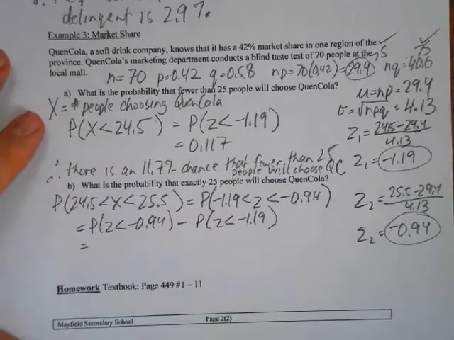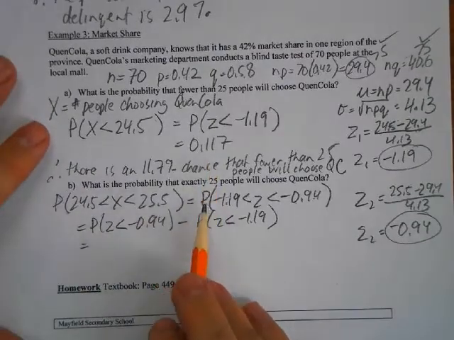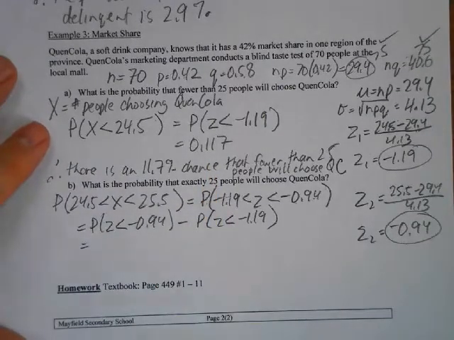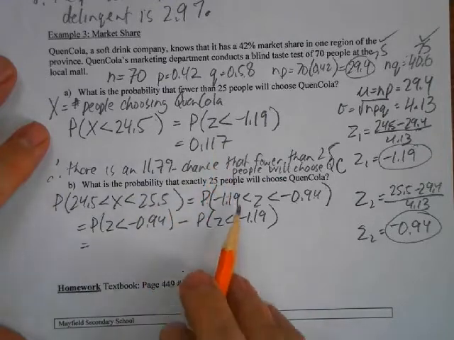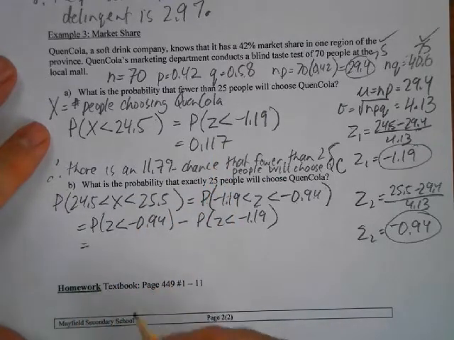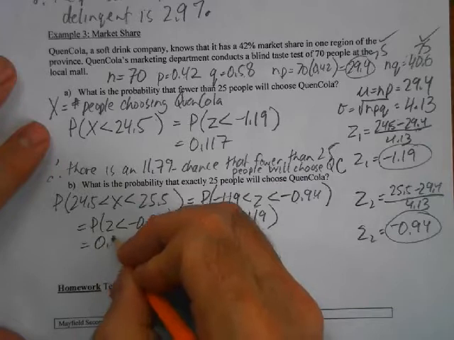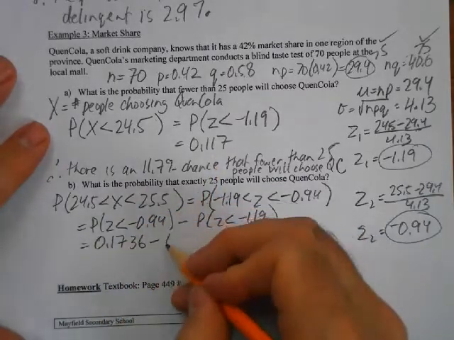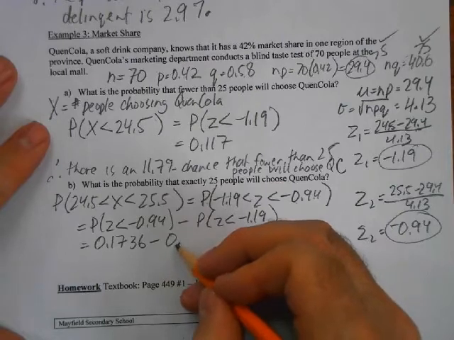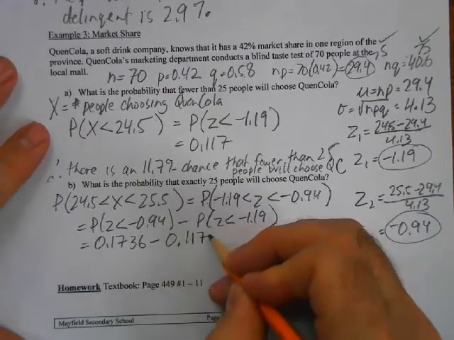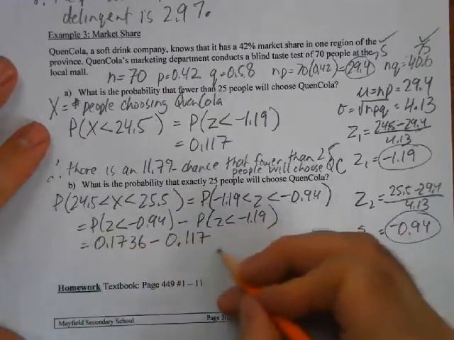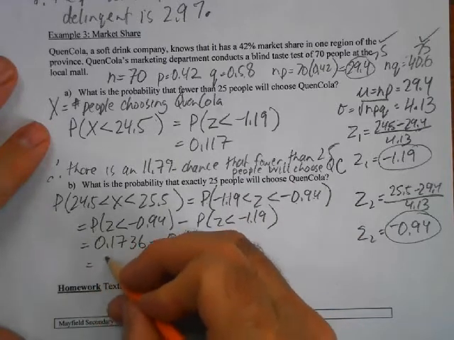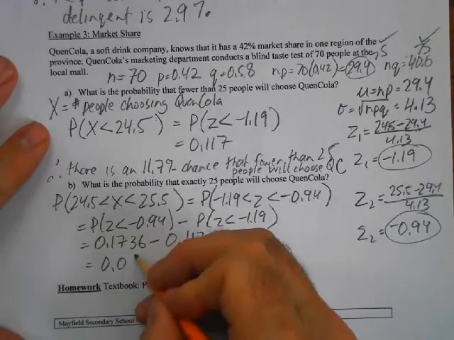Okay, and when we look up, we've already got the second value here. If we look this up on our Z-score table, we get 0.1736 minus 0.117, and that's equal to 0.057.